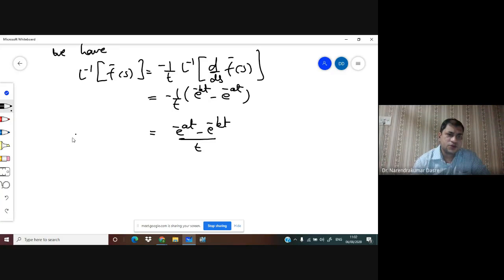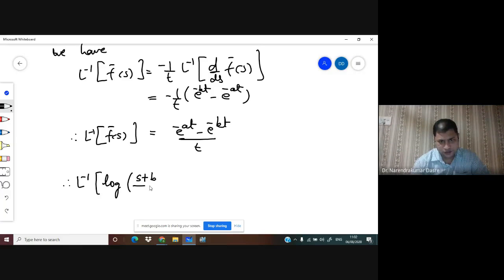So we got the Laplace inverse of f bar of s, and hence Laplace inverse of log of s plus b upon s plus a is equal to e raised to minus at minus e raised to minus bt upon t.